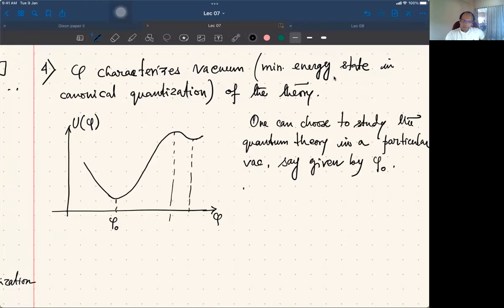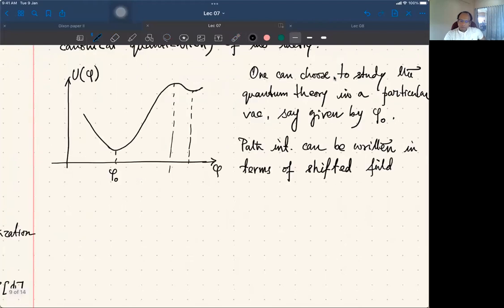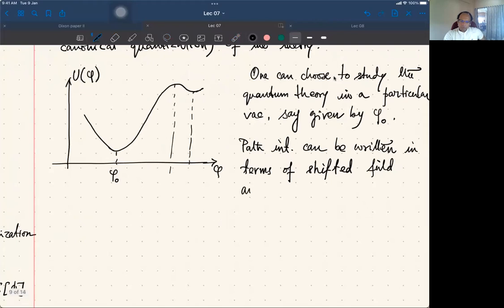Then the path integral can be written in terms of a shifted field and potential.